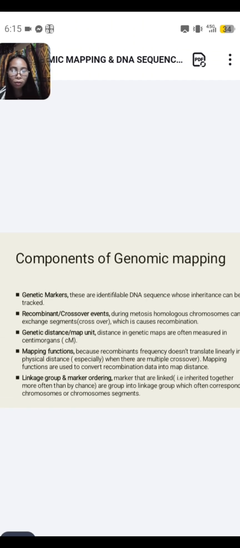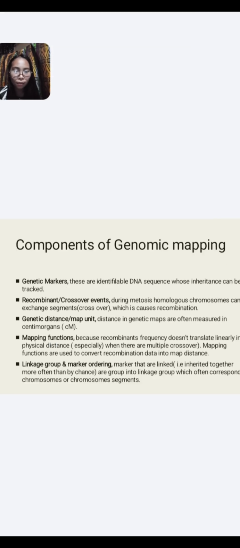So in a crossover event, the homologous chromosomes can exchange segments, which causes recombination. The third one is the genetic distance or map unit. Distance in genetic maps is often measured in centimorgans.